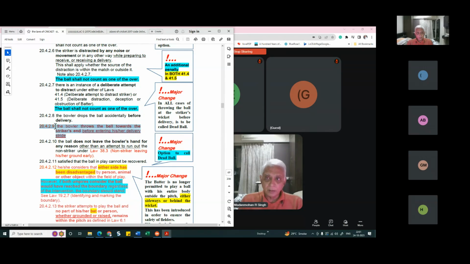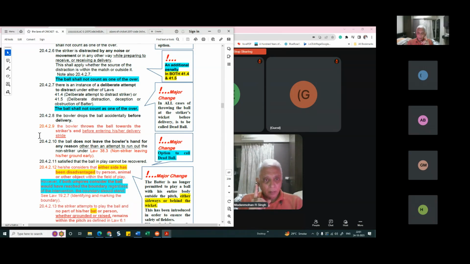Now, this is a new change in the laws. For decades, this particular law has stated that when the bowler runs up on his bowling run-up, he can throw the ball at the non-striker's wicket in order to claim a run out if he finds the non-striker has gone out.